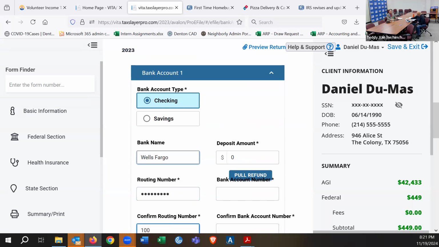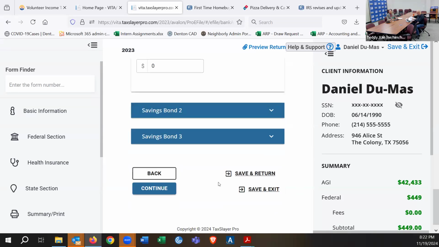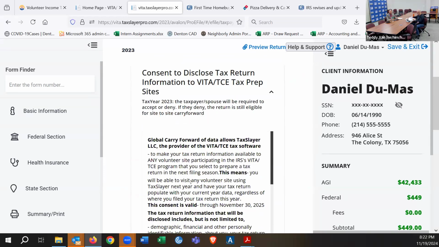Deposit amount, I'm going to hit pull refund since I see the pull refund button. Account number. And then enter it again. Continue, and then this is the global carry forward consent.